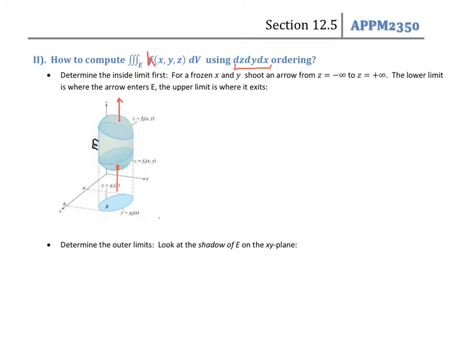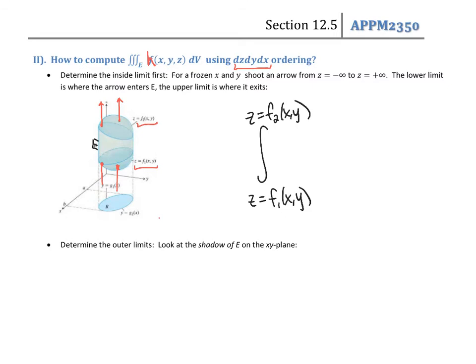And notice, depending on where I shoot that arrow, it's going to enter and exit at different points. In fact, in this case, it's entering always on this surface, z is f1 of x and y, and it's exiting always on this surface. So we'll do our inside limits first. It's entering along that bottom surface, exiting along the top surface.